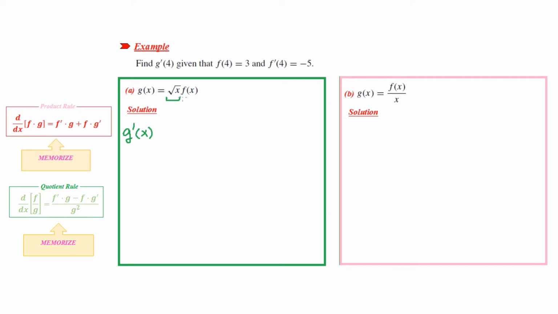This is the first function multiplied by the second function. So this equals the derivative of square root of x times the second function plus the first function multiplied by the derivative of the second function.